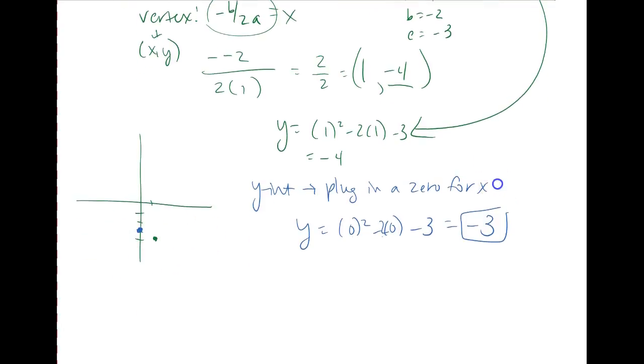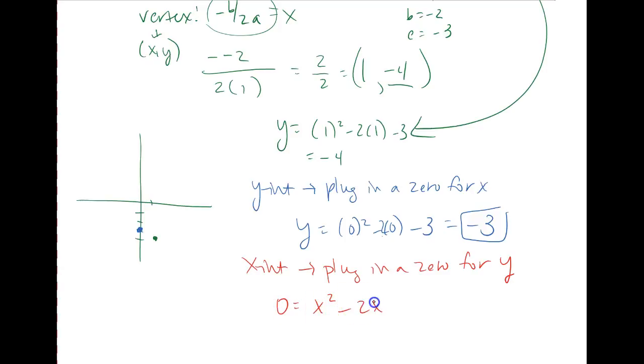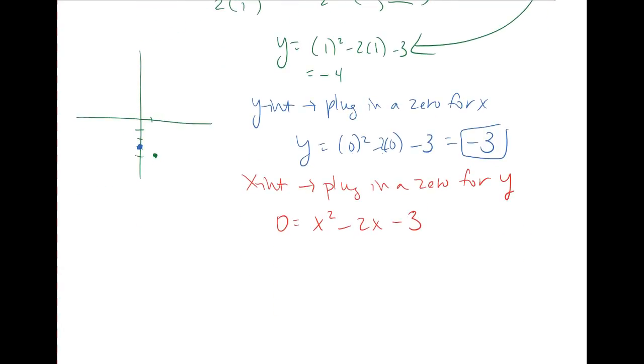But to make certain, we want to find our x-intercepts. To find our x-intercepts, you plug in a 0 for y. When you do that, you get this funky looking equation. This is our original equation, and I've just plugged in a 0 for the y. This may look familiar to you, or it should. Your last chapter, you probably did factoring. Whenever you have to solve something like this, a lot of times you're going to be able to factor it.